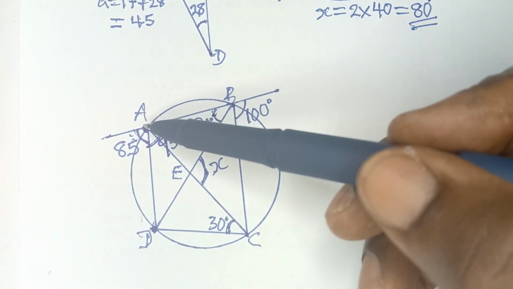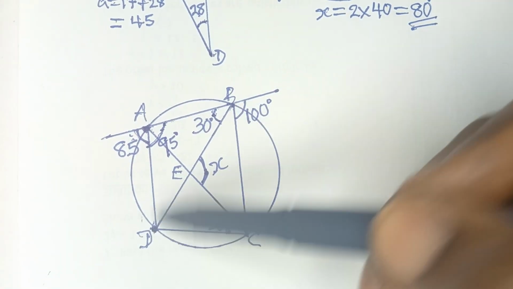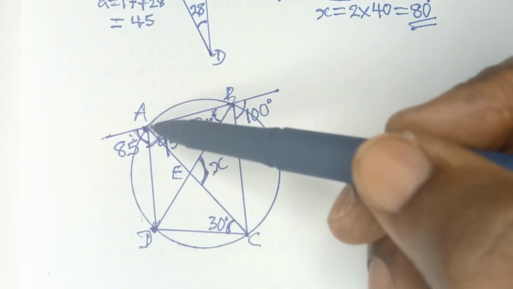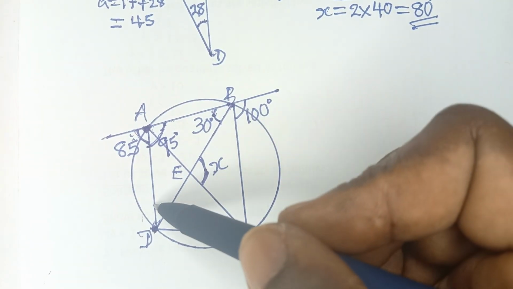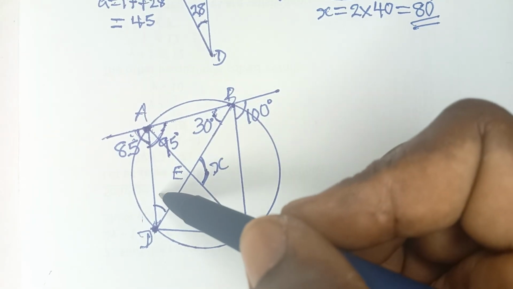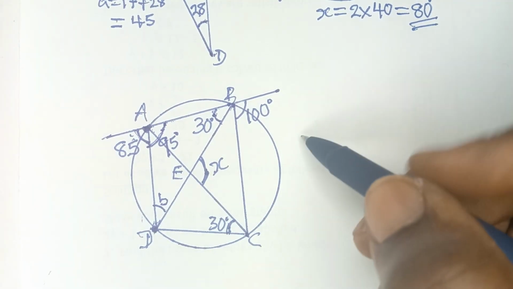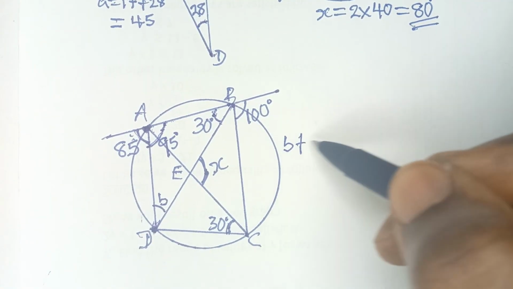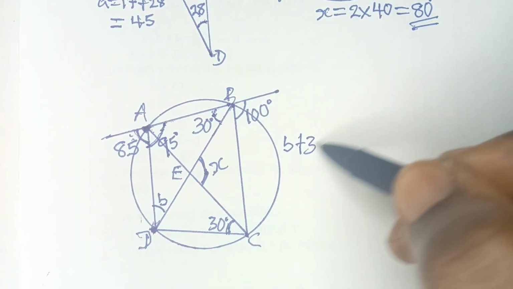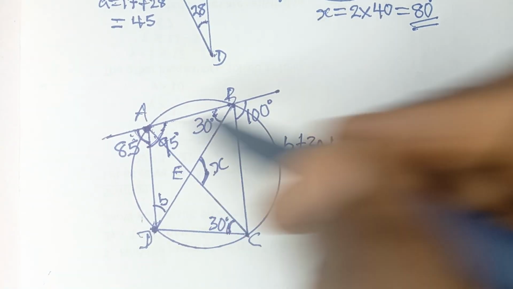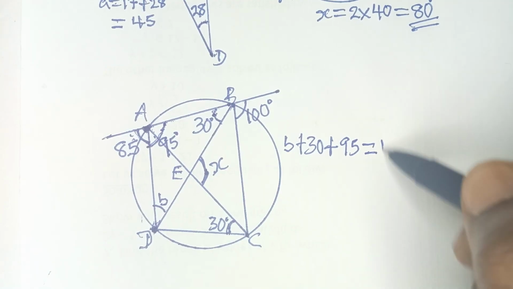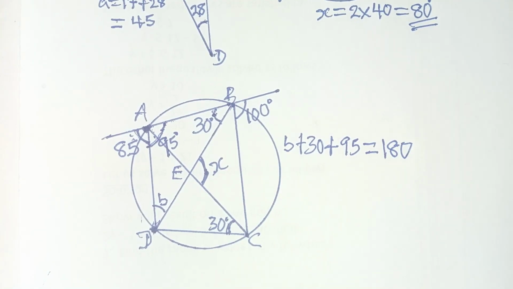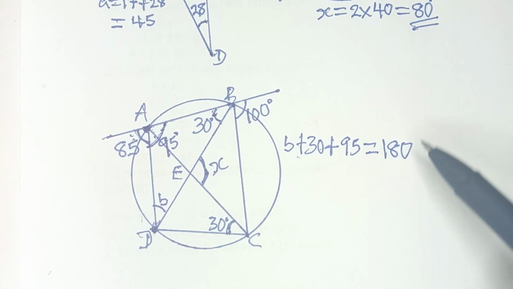Now, using triangle ABD, the sum of angles in a triangle is 180. So let's call this angle B, for example. You agree with me that B plus 30 plus 95 will be equal to 180, because the sum of angles in a triangle is 180.